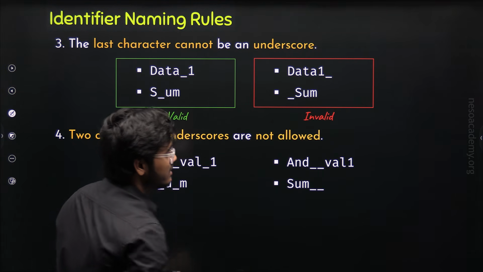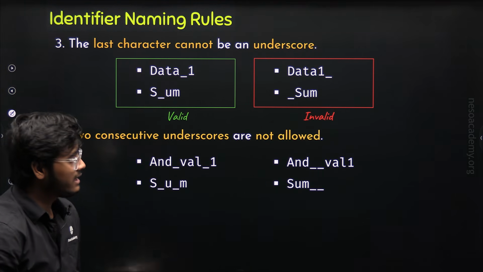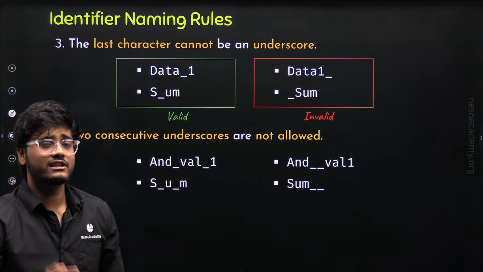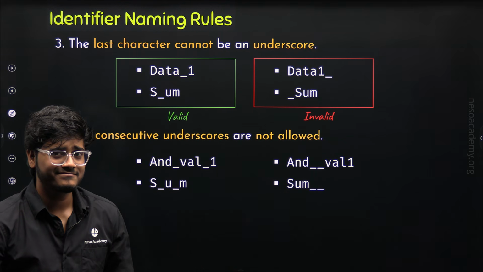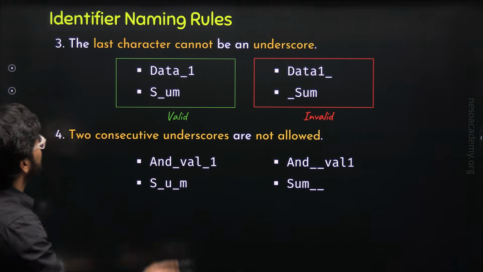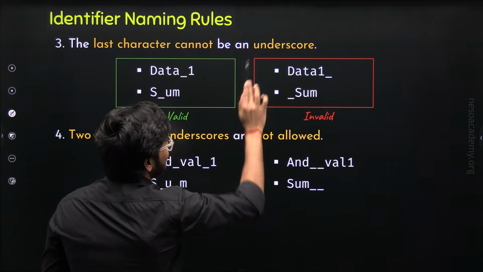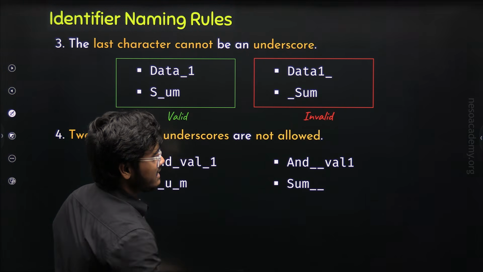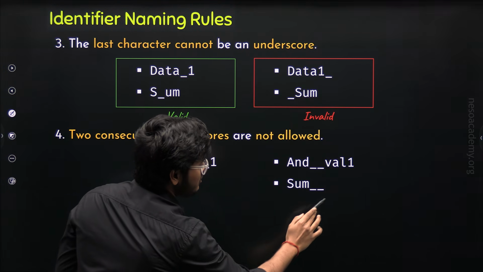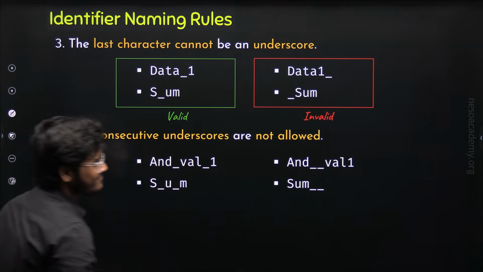Therefore, this one is invalid. But it is also violating one another rule. Any idea? Yes, the third rule, which says the last character cannot be an underscore. And here we can see there are two consecutive underscores at the end.